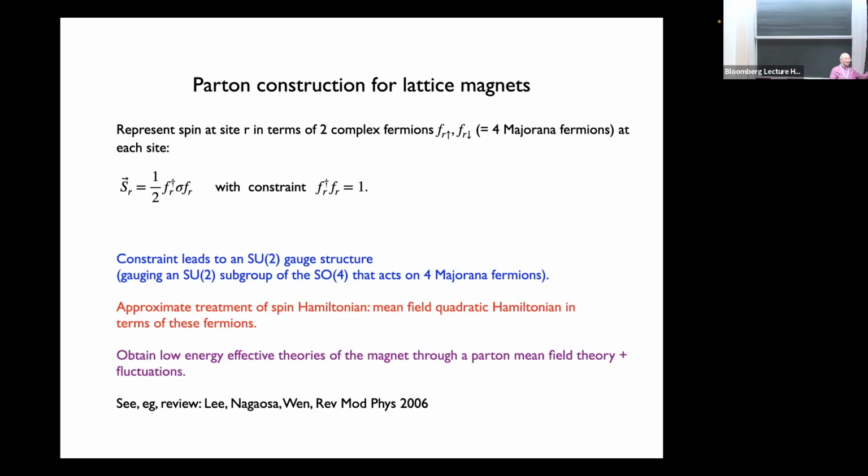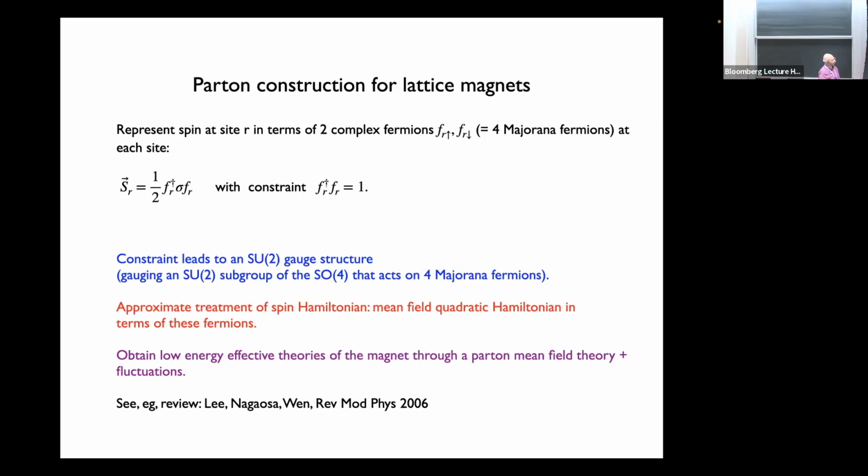So again, we're not trying to solve any particular microscopic Hamiltonian correctly. Right? We just want to understand what's allowed in terms of low energy field theories, what's allowed to emerge from lattice systems of this kind. Right? So we'll get a mean field quadratic Hamiltonian in terms of these fermions, and it's quadratic, you can solve it. But the mean field is not the end of the story.